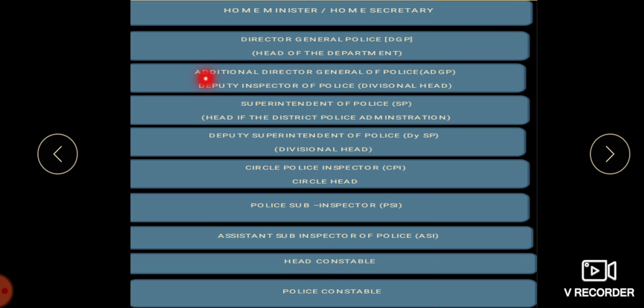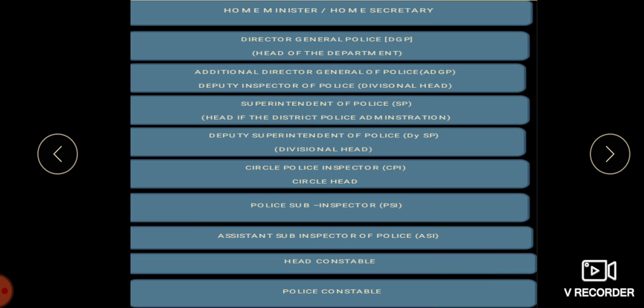Then the Additional Director General of Police, ADGP, the Deputy Inspector General of Police, Divisional Head, the Superintendent of Police, SP, Head of the District Police Administration, the Deputy Superintendent of Police, Divisional Head, the Circle Police Inspector, CPI, who is the circle head, and we are also having the Police Sub-Inspector, PSI, Assistant Sub-Inspector of Police, ASI, Head Constable and Police Constable.